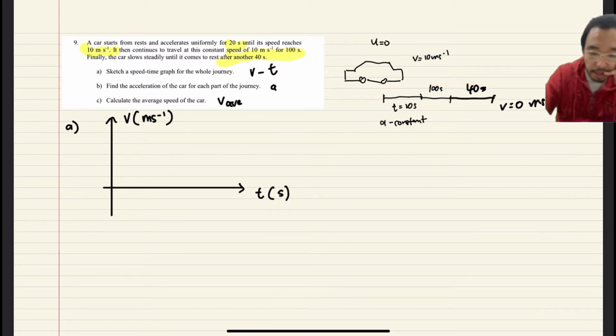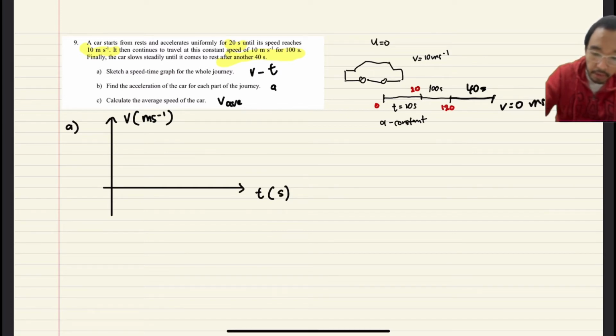So initially the time is equal to 0. If I want to write it in terms of a timeline, this one will be 0. After 20 seconds, it reaches 10 meters per second, and then it continues for 100 seconds. So that one is already 120, because you add 100 to 20.